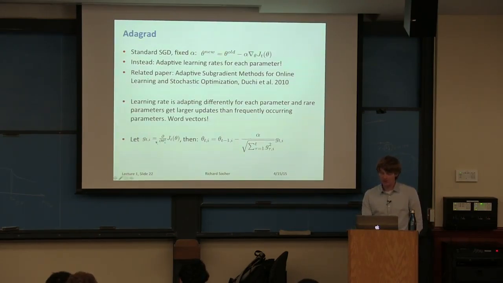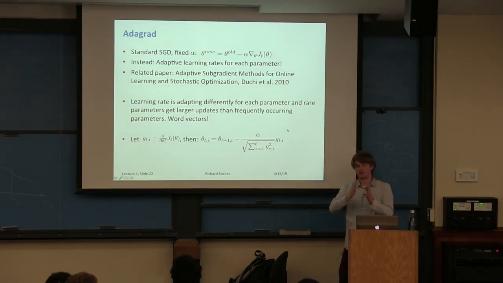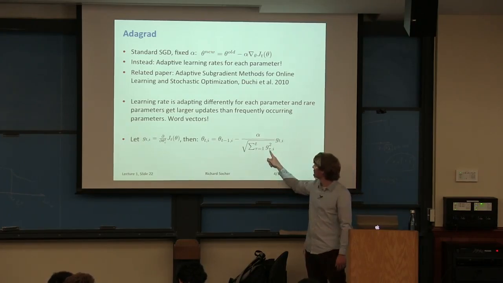And so what does it do? Let's just define here the gradient at time step t, or it could also be window t, and let's look at the ith element of that gradient. So it's basically just what we defined here. At our current time step t, we have that gradient. Now what we'll do is essentially keep a running sum of all the gradients of the past that we computed before for this.